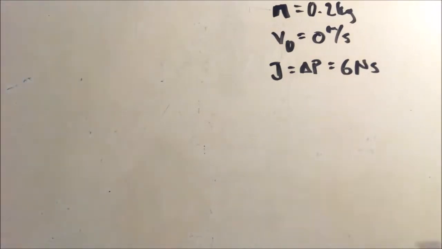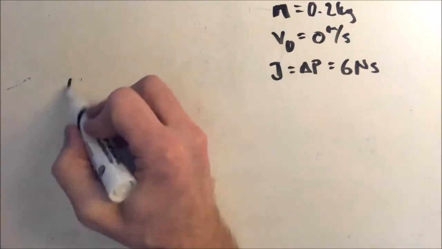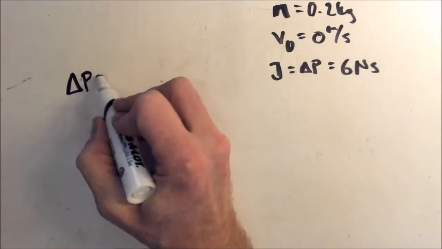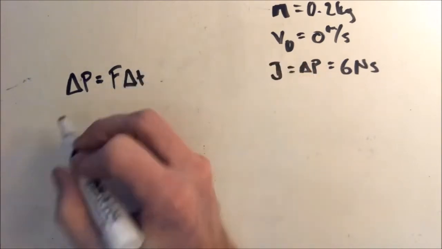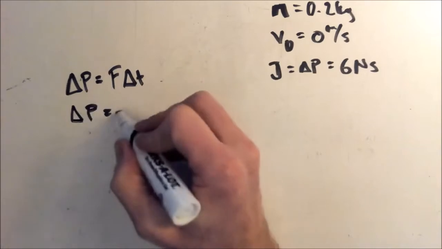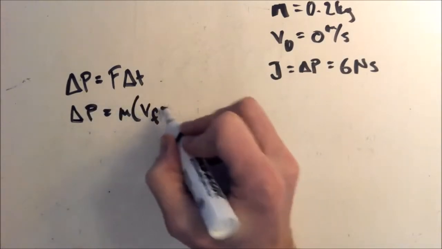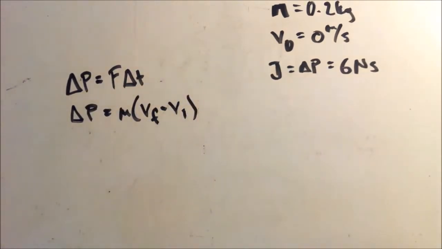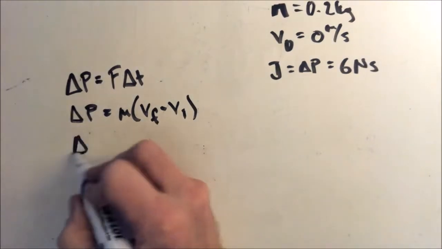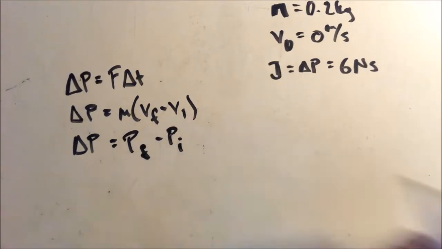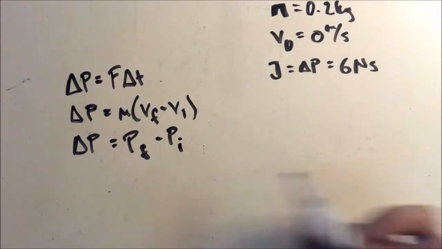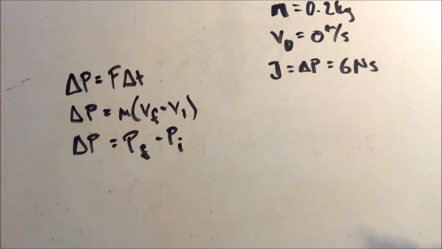Okay, so we know that our change in momentum is equal to our force multiplied by our time. We also know that it is equal to mass times our change in velocity, Vf minus Vi. And we can also calculate it as P final minus P initial. So let's see which of these we can use. We know we have an impulse, so that's why we narrowed it down to these equations.